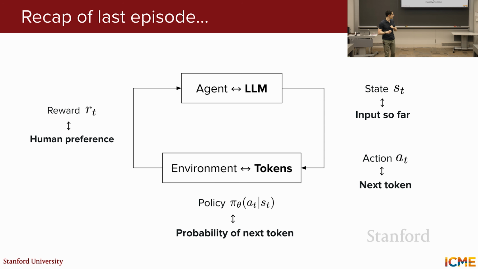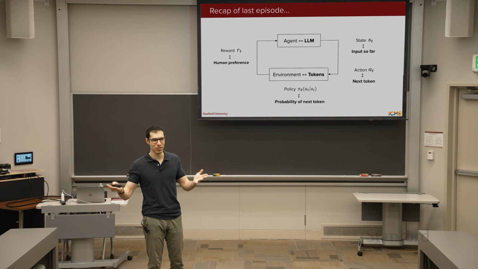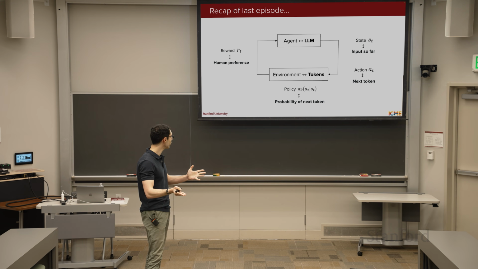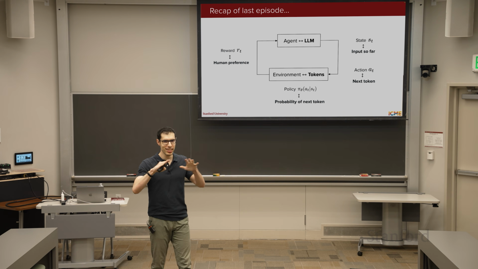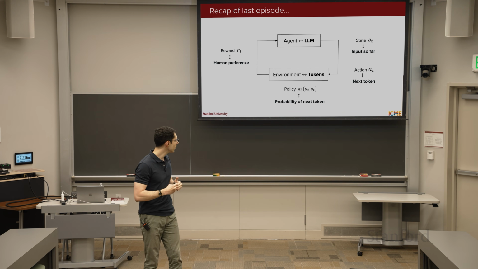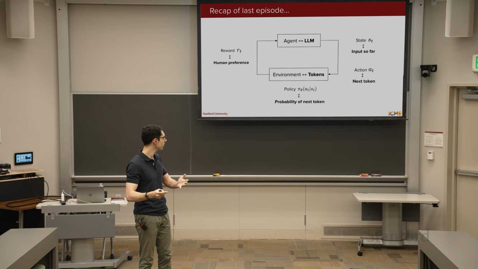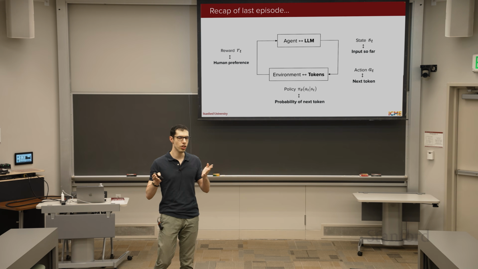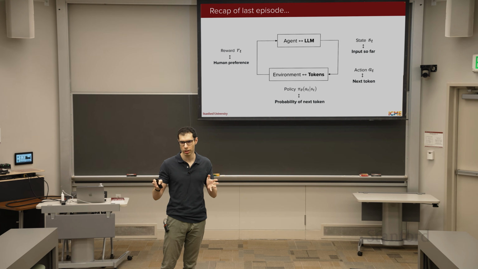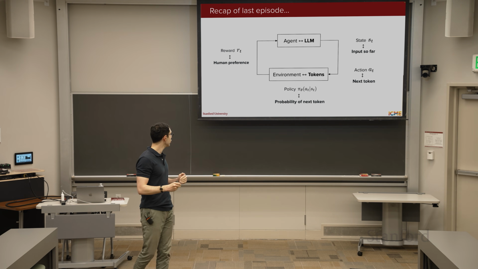And we saw last lecture that we have this nice comparison between the traditional RL setup and the LLM setup. Here our quote-unquote agent is simply the LLM. The environment that it interacts with is just a set of tokens that it can predict over. So given an input that it has received so far, it can predict what the next token could be, which is the action. And it does that using the probability distribution that is the result of the LLM prediction.